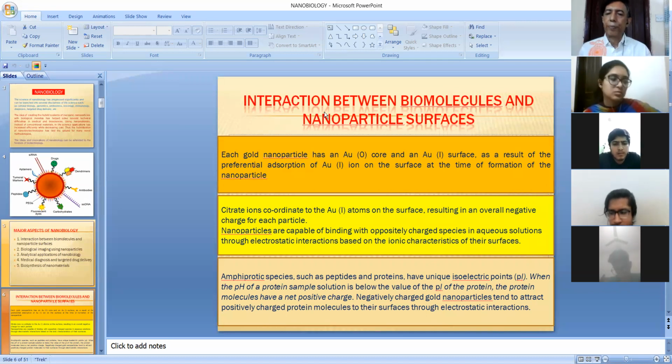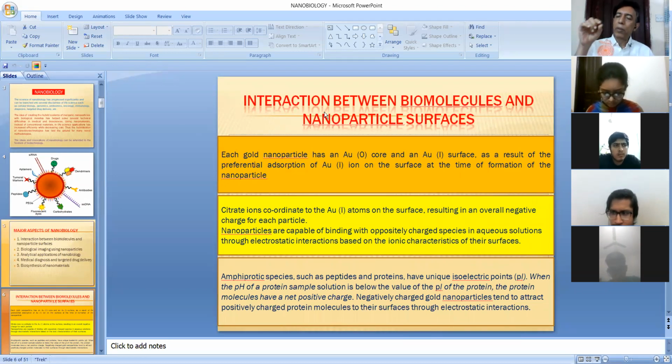So proteins have an isoelectric point. What is an isoelectric point? It is a pH. Below this pH, a protein has a positive charge, and above this point, the protein has a negative charge.